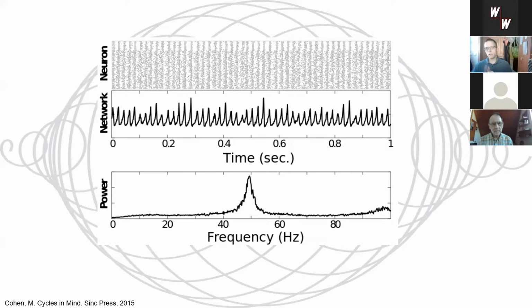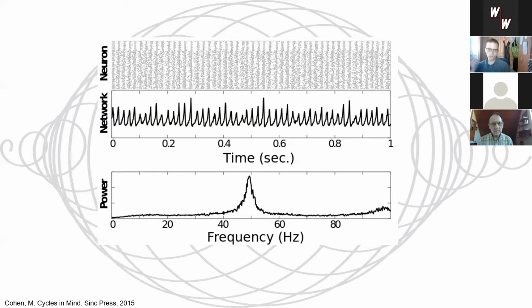If you look at this, in the upper panel on the y-axis, you see single neurons, and they would fire around the same time. And then you can measure it on the network level, so not for the single cells, but for several cells at the same time. And then you see the oscillation that is generated by the summed activity of these many synchronized neurons. And again, here this looks a little bit like a sine wave.